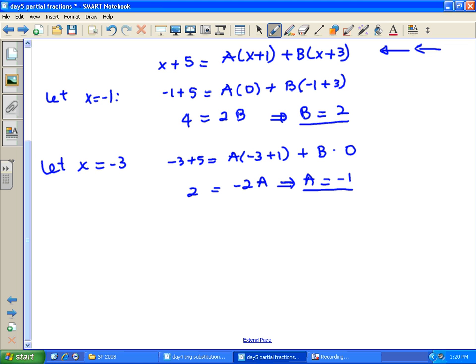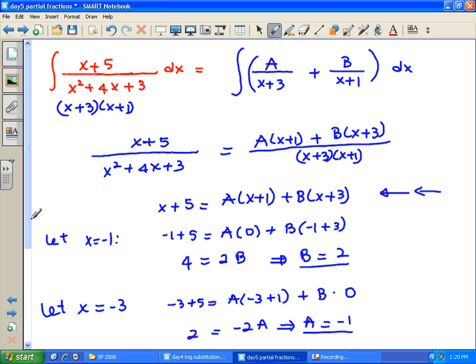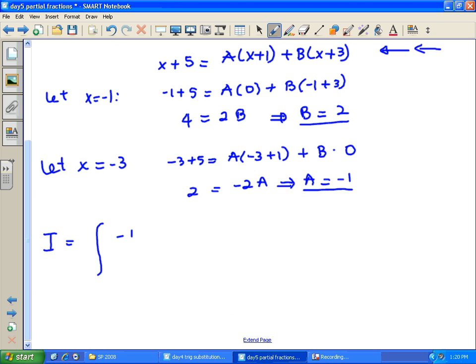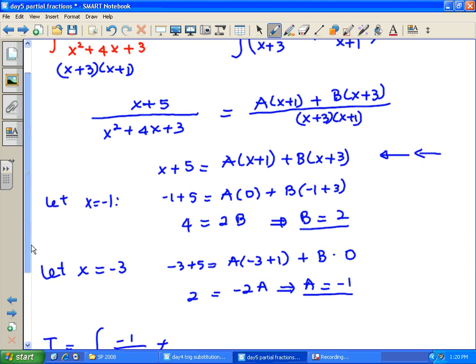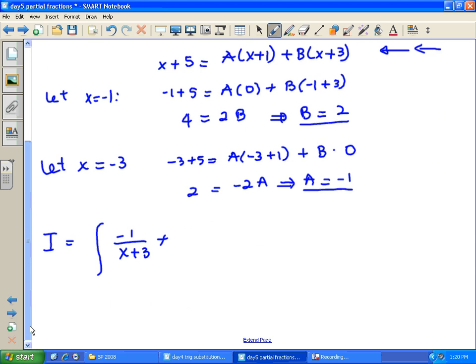Now let's go back to the original problem. The problem was integrating a over x plus 3, and a is negative 1, plus b over x plus 1, and b is 2. So once you find the a and the b, the rest is really very simple.